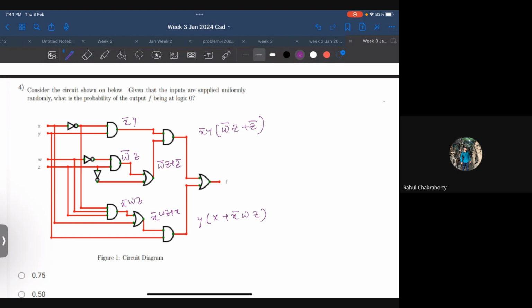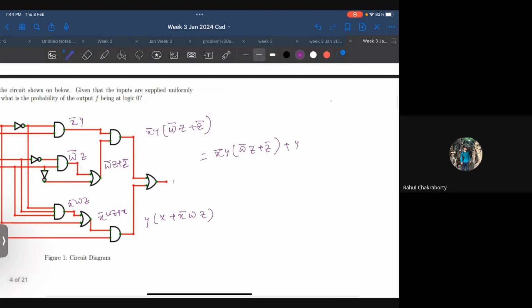Now what will be f? The plus of those two. So I'm writing here: x bar y (w bar z plus z bar) plus y (x plus x bar wz).